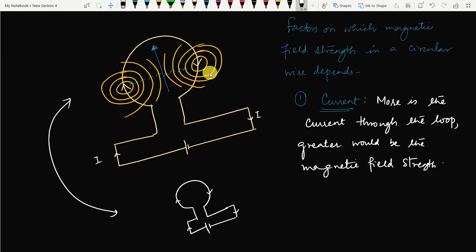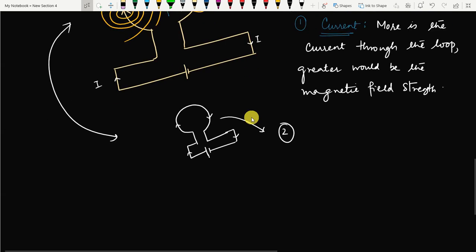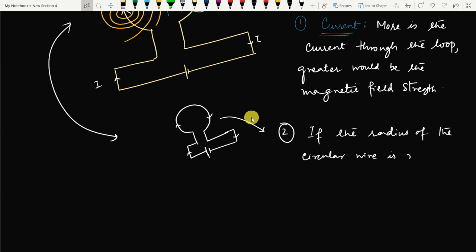If the radius of the loop is reduced, the second factor, if the radius of the circular wire is reduced, what would happen?